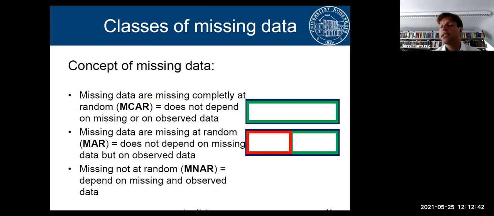Then the missingness at the end of the year does depend on what you have seen before. The genotype is missing in the final data because you would expect that something's going wrong. So there are 3 classes of missing data: missing completely at random, missing at random, and missing not at random.